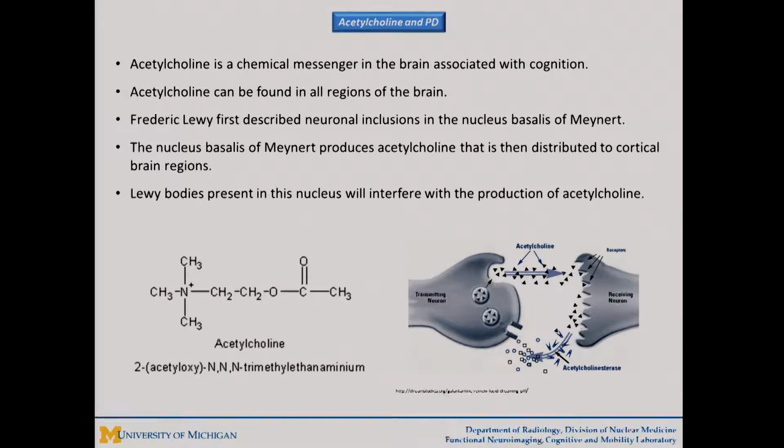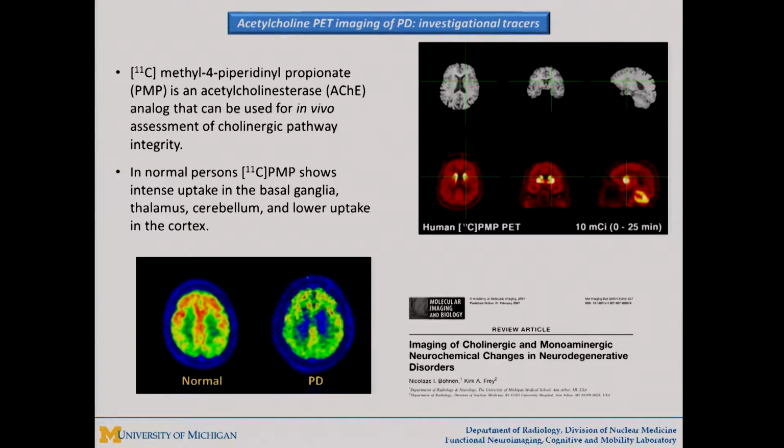Acetylcholine is another neurotransmitter that you can find in the brain. And it creates these typical pictures of somebody who has a normal distribution of acetylcholine and a Parkinson's patient where there's definitely a reduction and there's not as much redness in that picture.